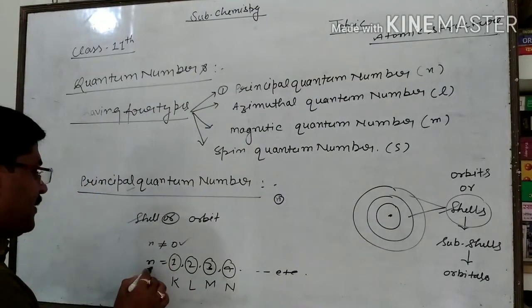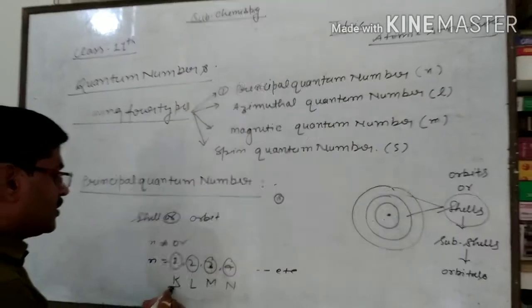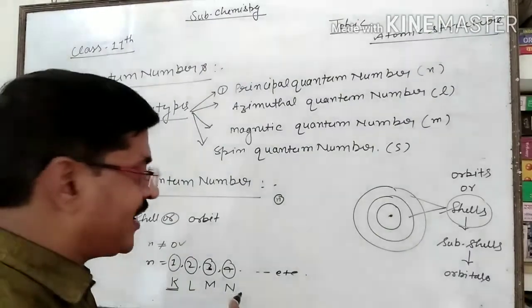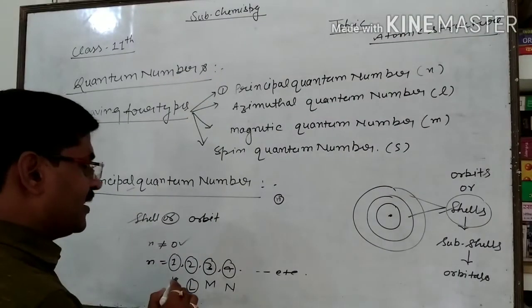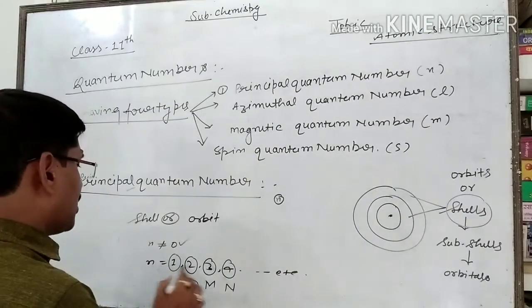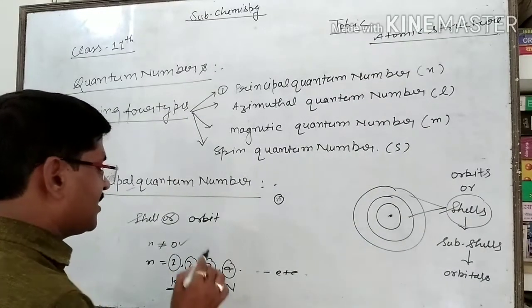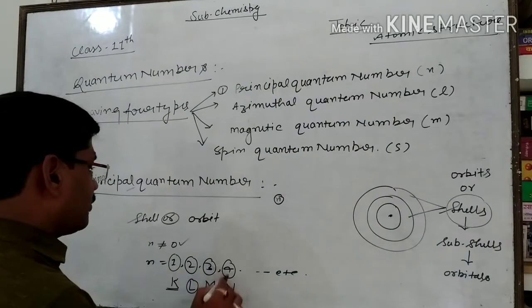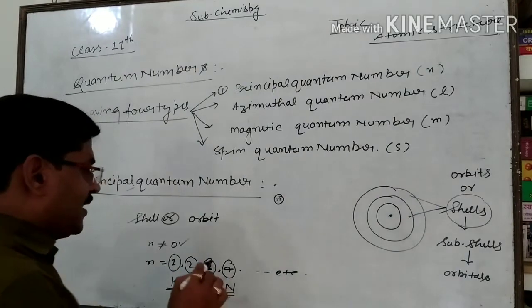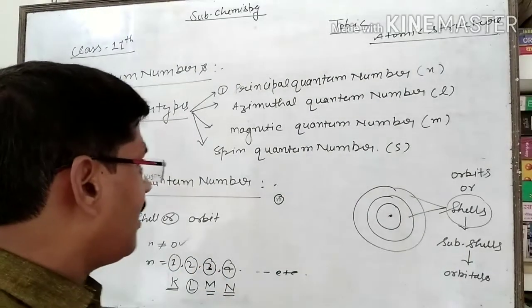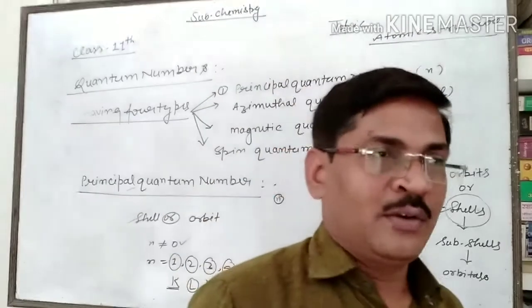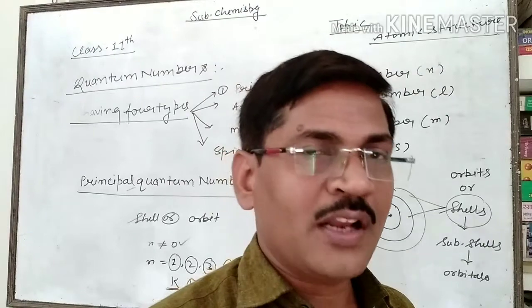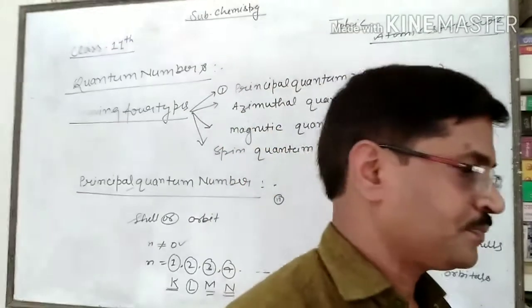If n is equal to 1, this is the first shell, it means K. If n is equal to 2, this is the second shell represented by capital L. n is equal to 3 means the third shell represented by capital M. And n is equal to 4 means it is in the fourth shell or orbit, represented by capital N. And don't forget, small n will never be 0.